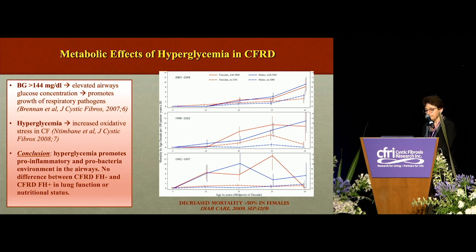For all of the studies, the conclusion was that higher blood sugars promote a pro-inflammatory and pro-bacteria environment in the airways. And there was no difference between the two types of CF, the one with high fasting blood sugar and the one with normal fasting blood sugar but elevated blood sugars during the day. So for both types of diabetes.